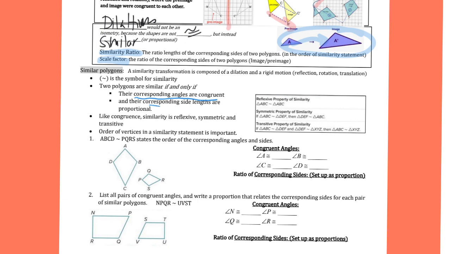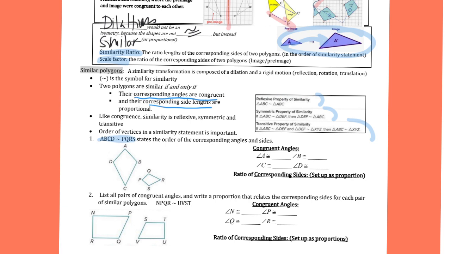Also, the corresponding sides should be proportional, meaning you times them all by the same factor to get them bigger, or by a fraction to make them smaller. And there are some properties that are true. The first one is that it's reflexive, and it's symmetric, and it's transitive. So those are good things to know.